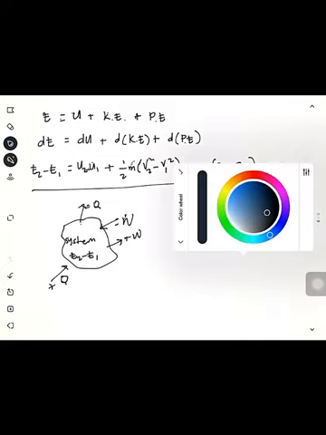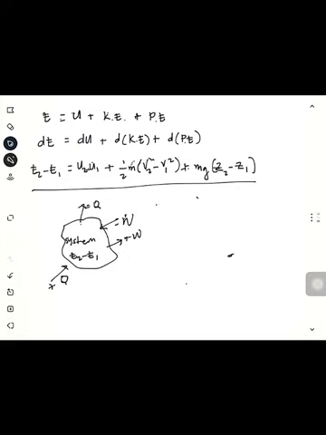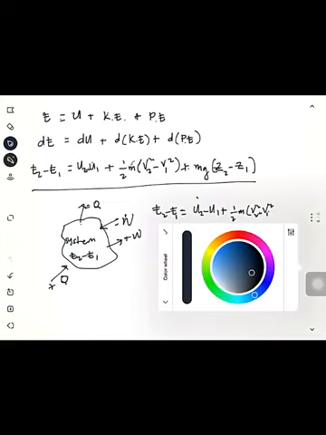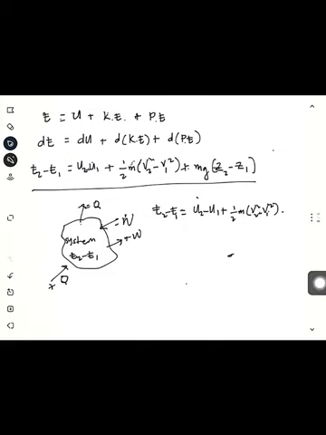So therefore, dE is E2 minus E1, which is U2 minus U1 plus 1/2 m V2 squared minus V1 squared plus the mass times the local gravity g times Z2 minus Z1 here.